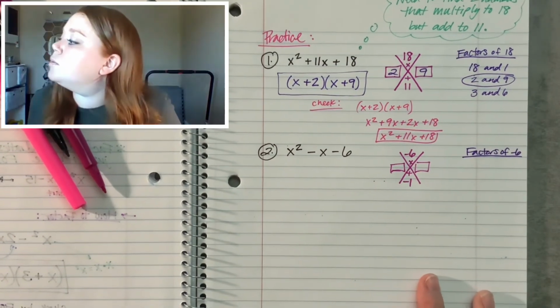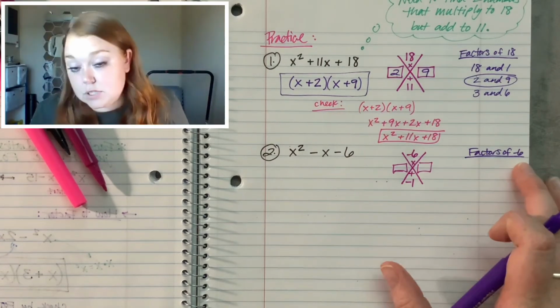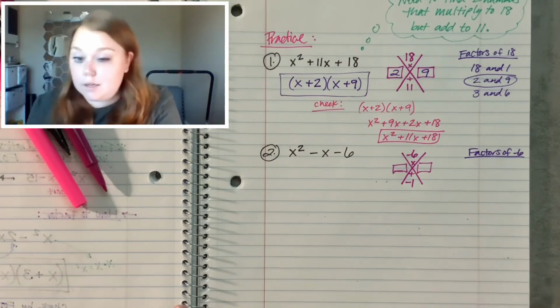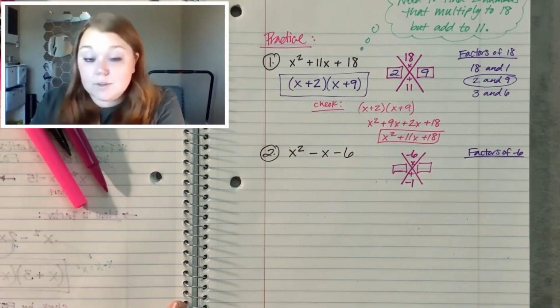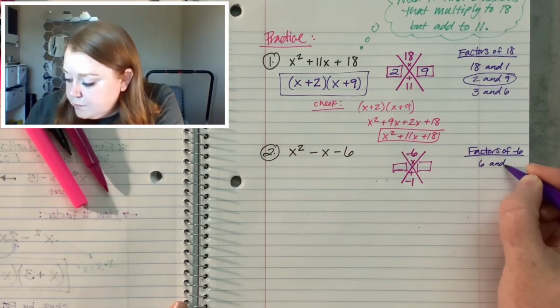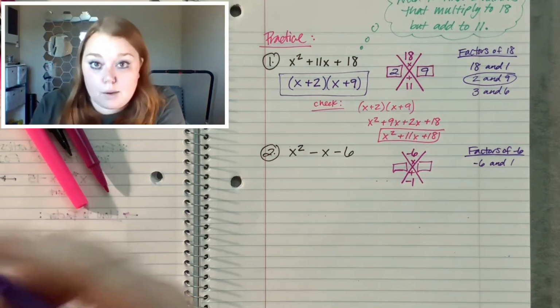Okay, so how can we multiply to get negative 6? The key right here is that it has to end up as negative 6. Positive times negative is going to help us get there, or negative times positive. One of them has to be positive, one of them has to be negative, okay? So like 6 and 1, but 6 times 1 is positive 6. So if we make that one negative, that would work.